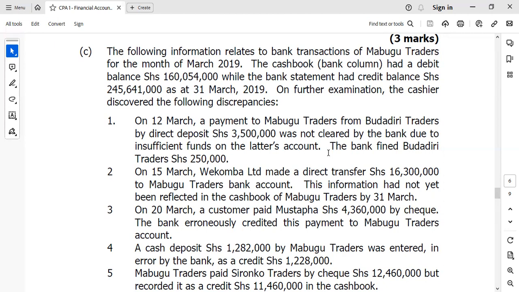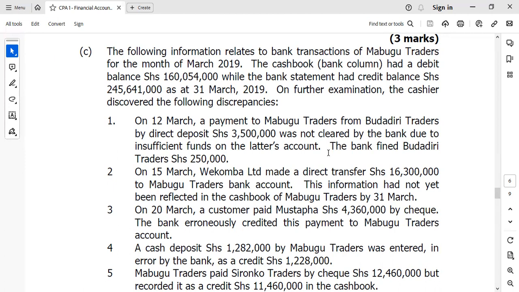So the cash book had a debit balance of 160,054,000, while the bank statement had a credit balance of shillings 245,641,000 as at 31st March 2019. So you see, the two balances are not the same.